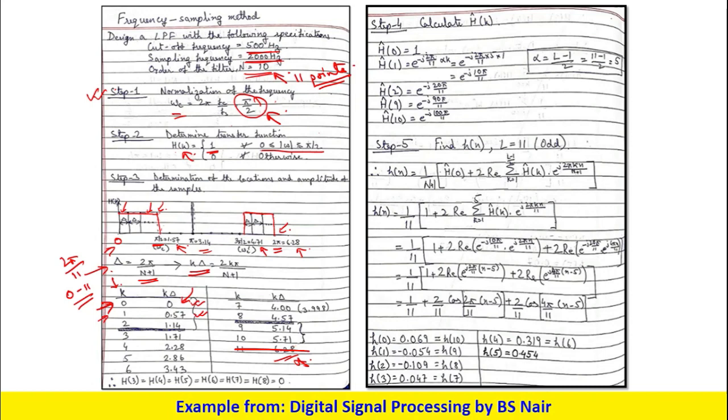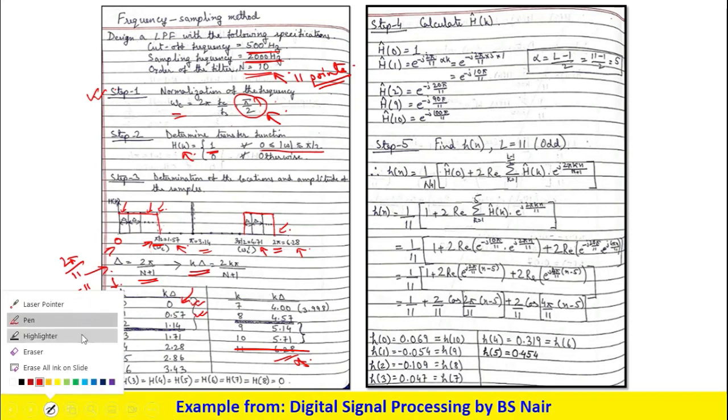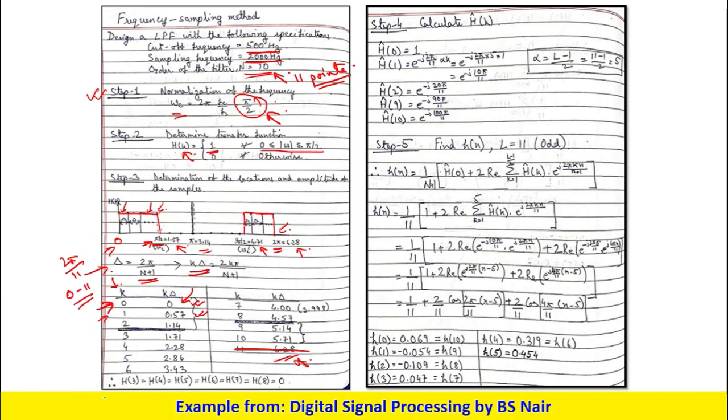Now if you see, at pi by 2 we have 1.57, and that is the cutoff frequency of the ideal FIR filter which we want to design. But we have a limitation that we only have some specific number of points. Okay. Now I am changing the color of this pen. What is the position of this k delta value? 0.